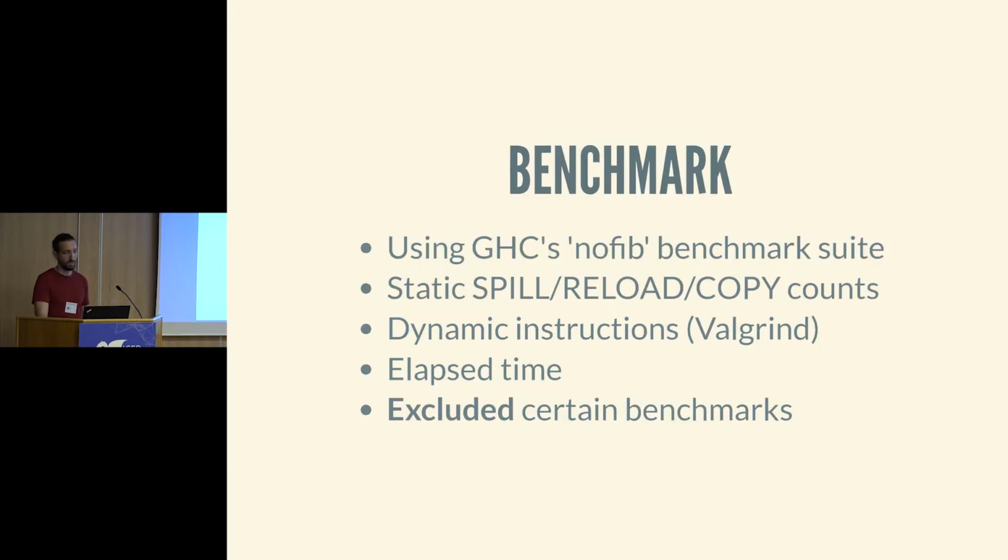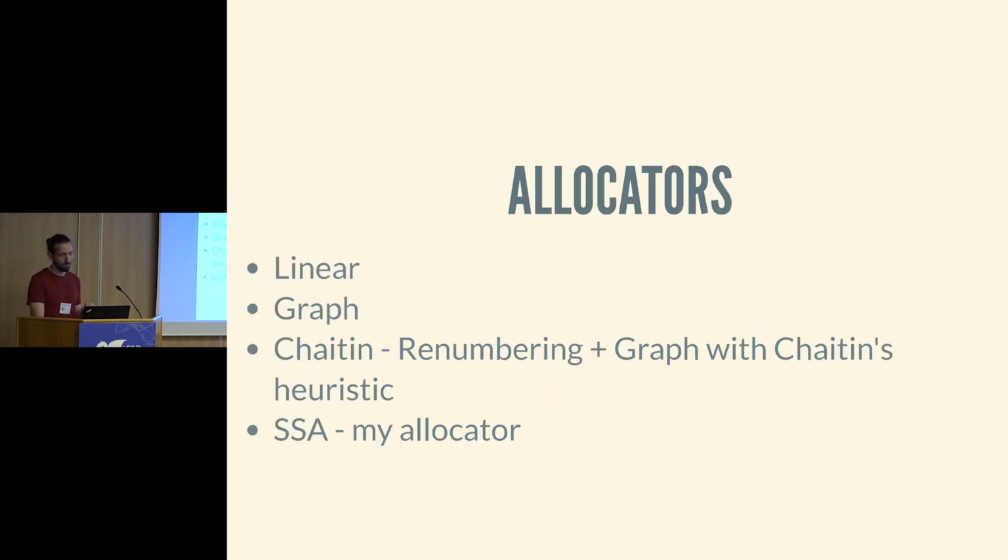Of course, I benchmarked it. I'm just going to go straight to results. I benchmarked it with nofib, which you all know. I've excluded a few benchmarks which have some problems, such as short running times that are a bit unstable. Just for the labels, I'm sure you can guess what linear, graph and SSA mean.